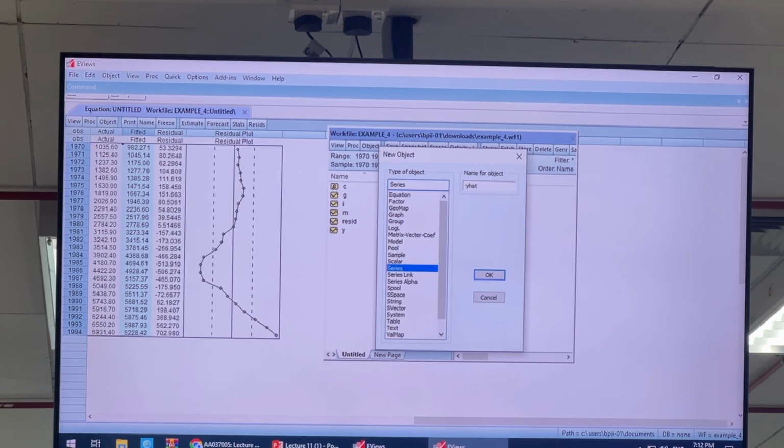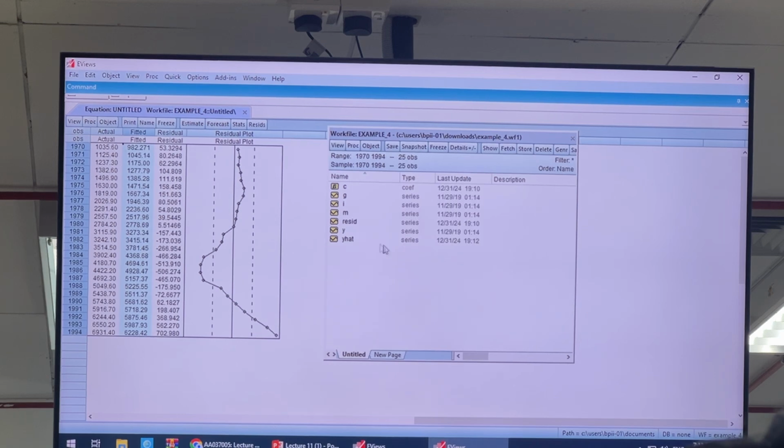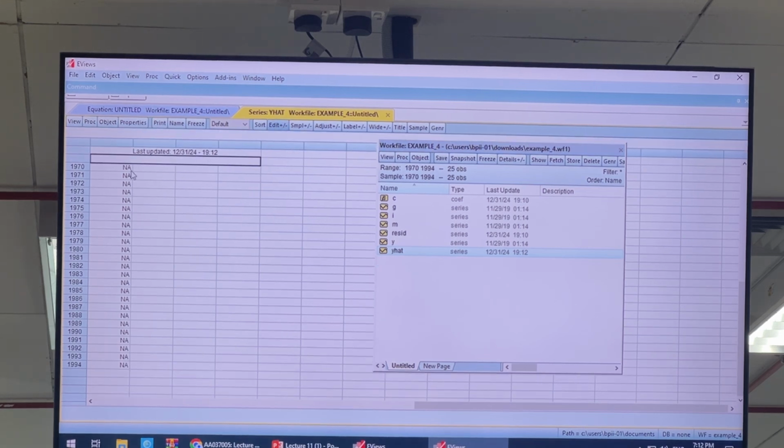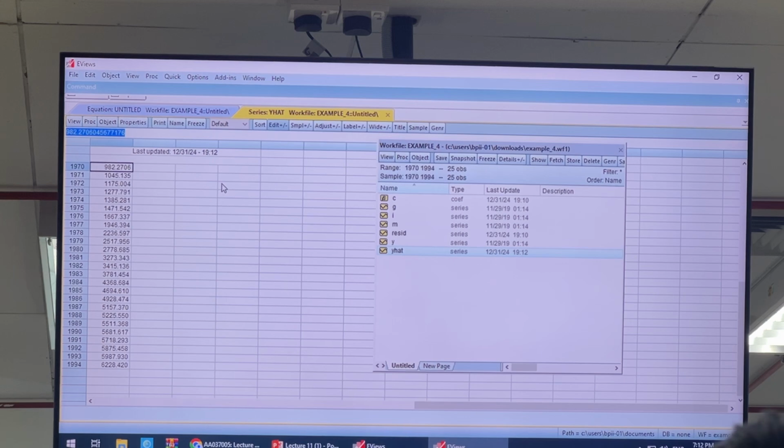Then you open y hat, click Edit, and paste the fitted values from just now. Okay, so you close.